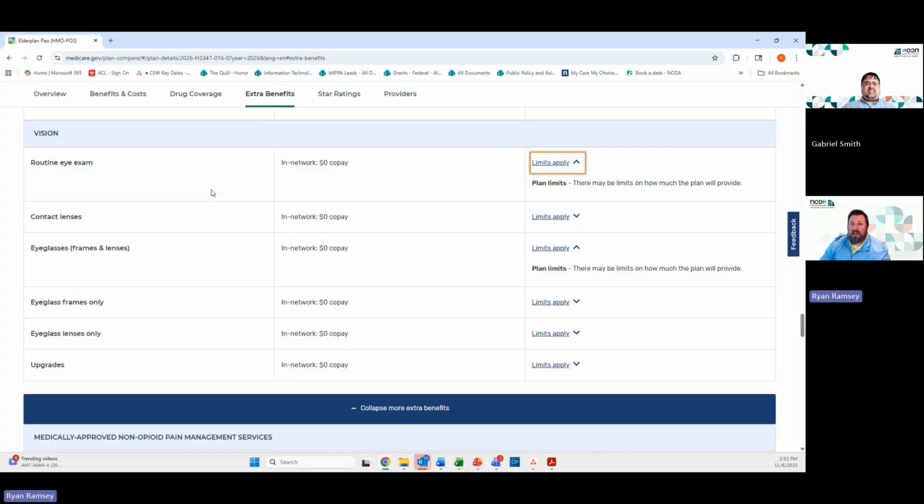But I would say, just a general answer really quickly, is that all three of these stand a very good chance of meeting what his ideal Medicare Advantage plan is, because they all cover his prescriptions.